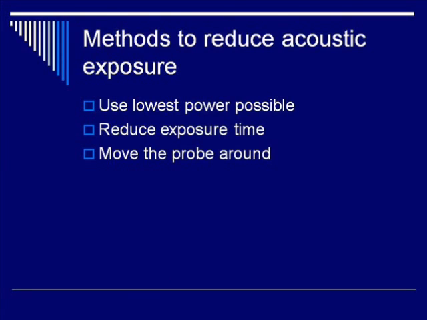If you're doing a transabdominal scan for pregnancy, rather than use the general abdominal settings, switch to the OB settings, which use reduced power, as the window of the uterus and amniotic fluid is a very good window, and that allows you to minimize ultrasound exposure to the fetus.